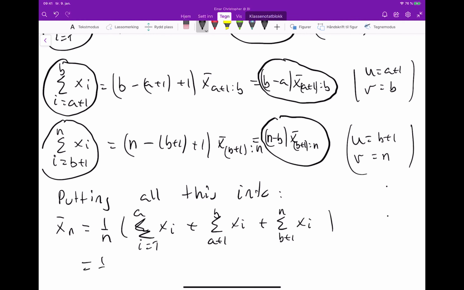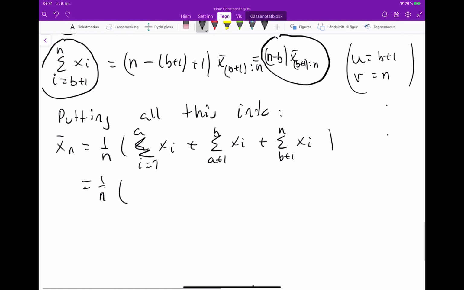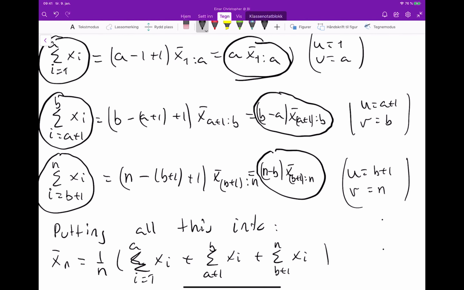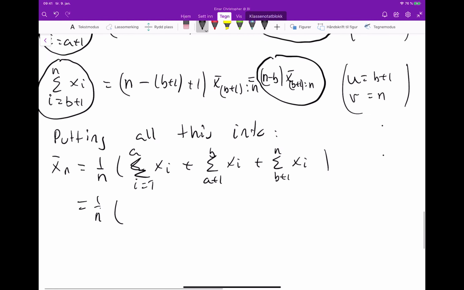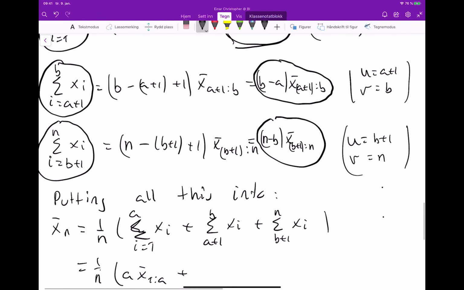We get 1 divided by n, and then we replace the sum of xi from 1 to a, which is this. So I write this one as a x bar 1 colon a plus, and we know that this sum is this sum.